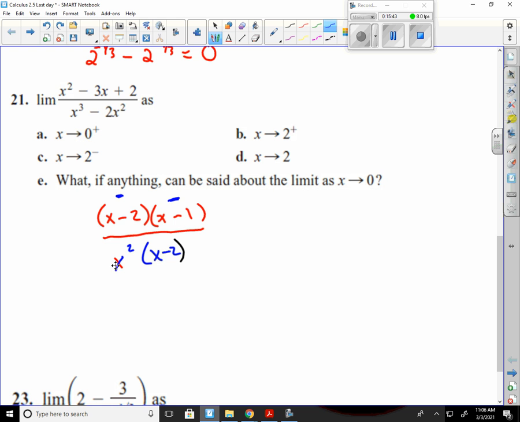Down here, a number close to 0 is a positive, and a number close to 0 minus 2 is going to be a negative. Negative times a negative, that's a positive on top. On the bottom, I have a positive times a negative. That is going to be a negative. Positive over a negative tells me it goes to negative infinity.